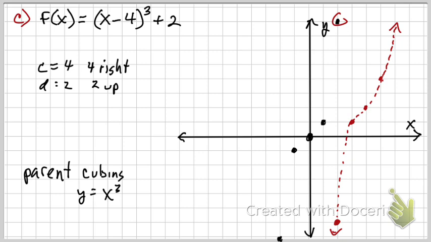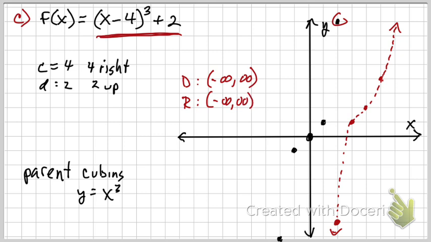Okay, if we thought about it, what's the domain of this function right here? Just look at the graph. Is there anything x can't be? Anything y can't be? Nope.